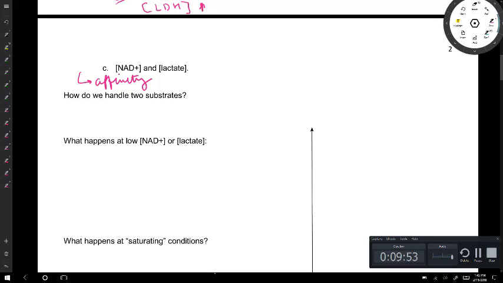When we have two substrates, this gets a little more complicated. What we do when measuring with two different substrates is hold one constant and examine the other.